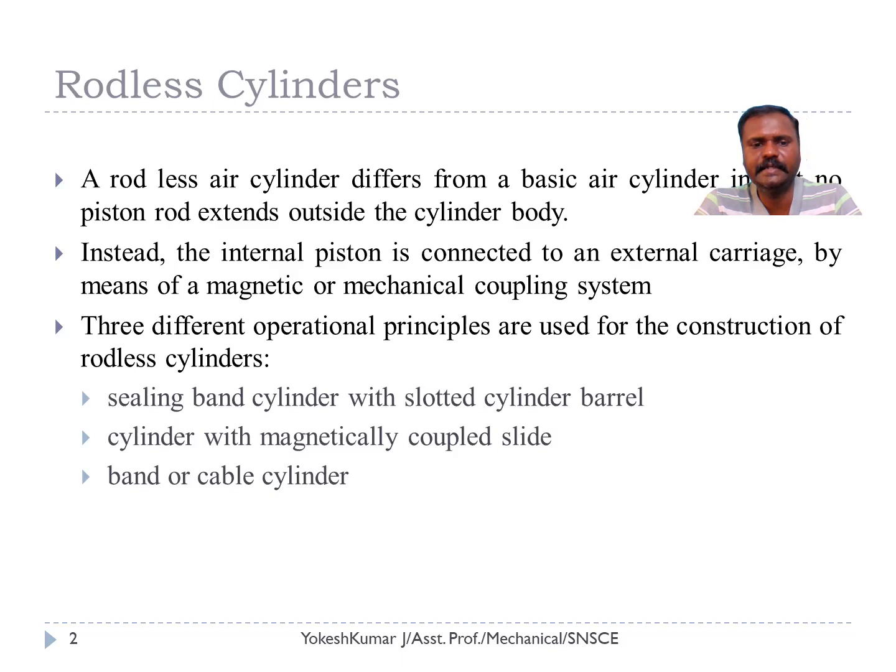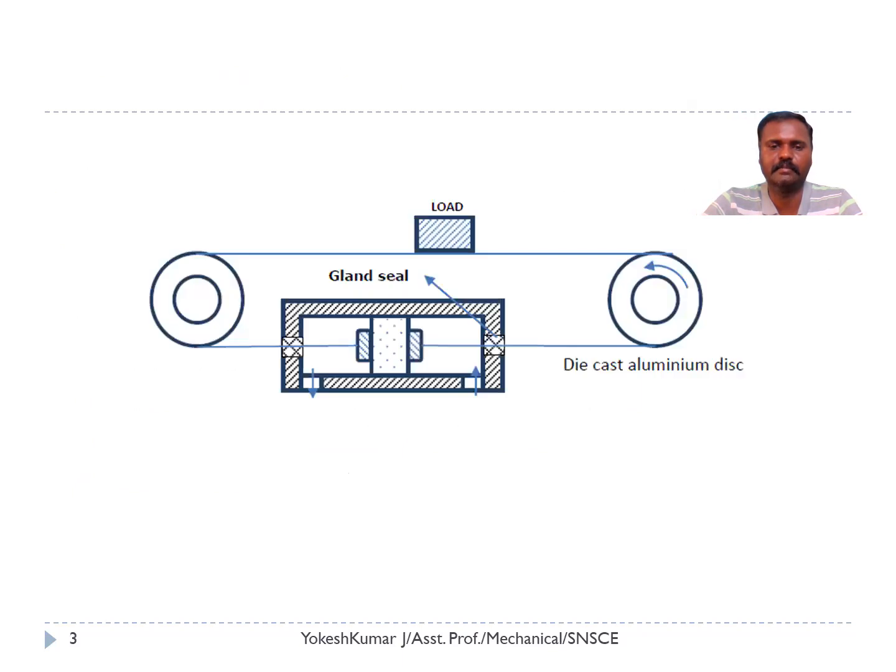The second case is the cylinder with magnetically coupled slide. Instead of a sealing band, a magnetically coupled slide is used for the movement. And the third type is the band or cable type of cylinder. Here we are going to discuss only one case, the band or cable type of cylinder.